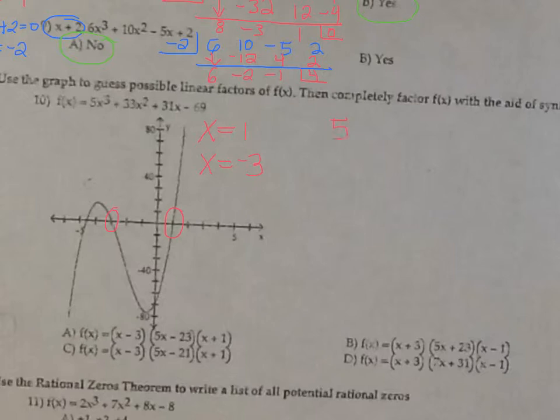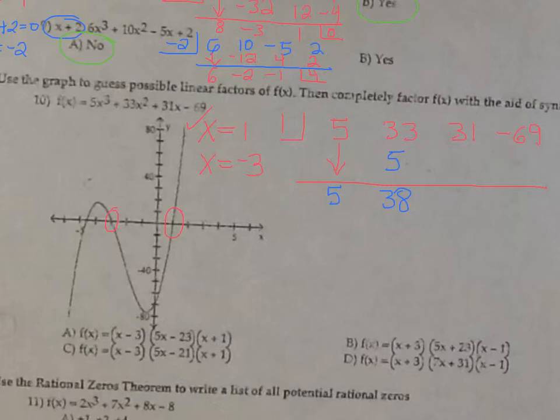You get the factors, 33, 31, negative 69. What's your outside number? And the outside number, we can start with the first one, which is x equal to 1. See, I'm checking this one. I'm using that first. So you put a line underneath. You use synthetic division. And that would be 5 times 1 is 5, plus 33.